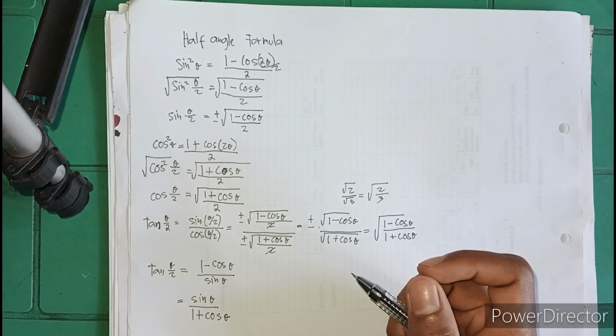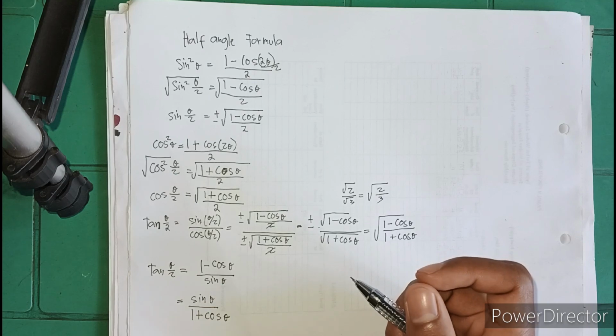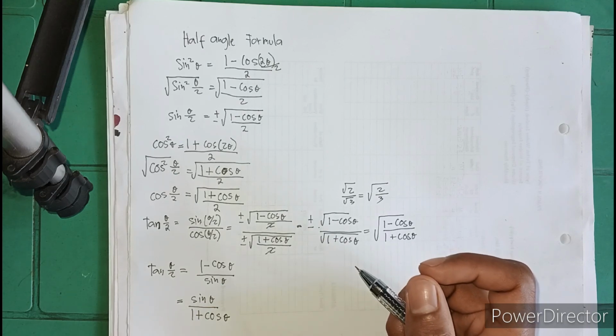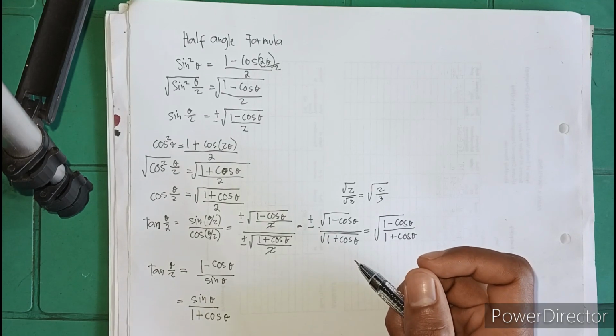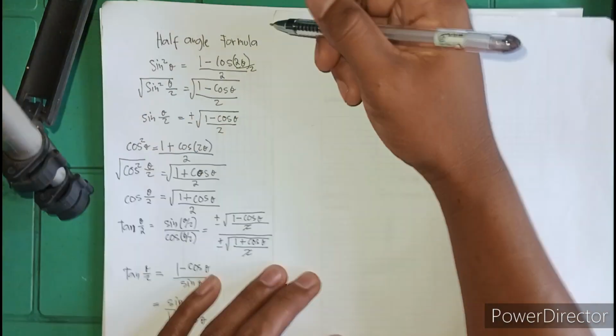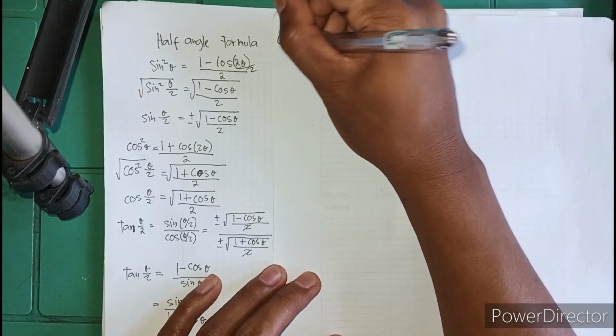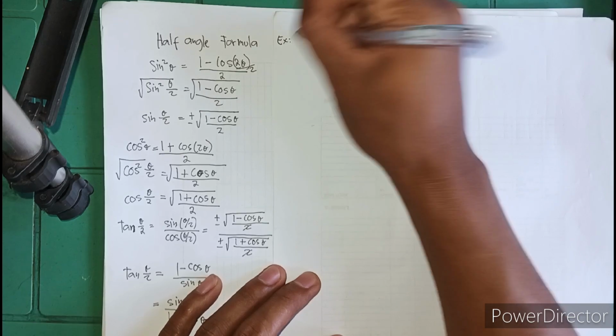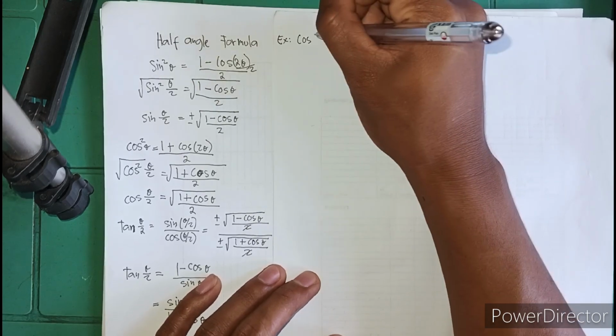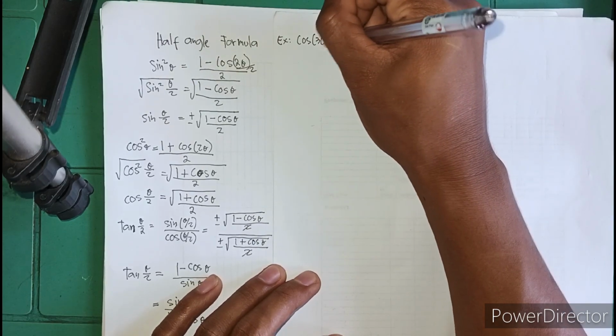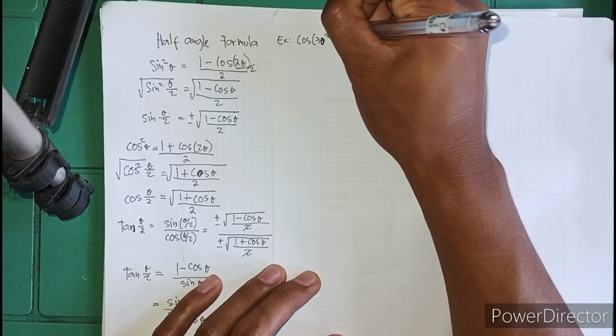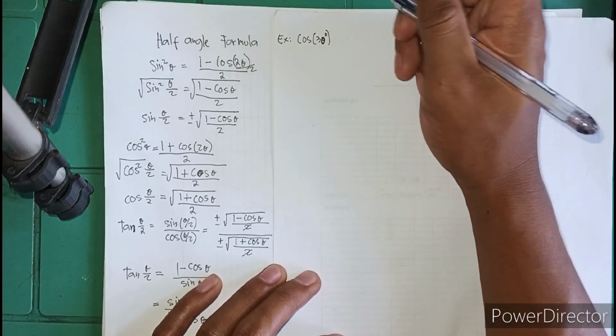Well, anyways, let's have a problem to further analyze this topic. So let's work on some problems here. Let's say cosine 30 degrees.